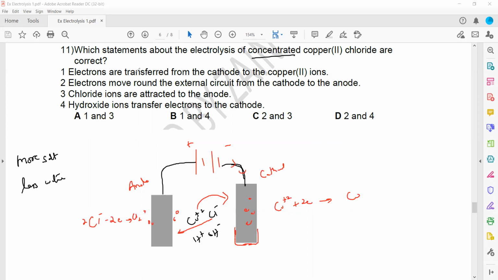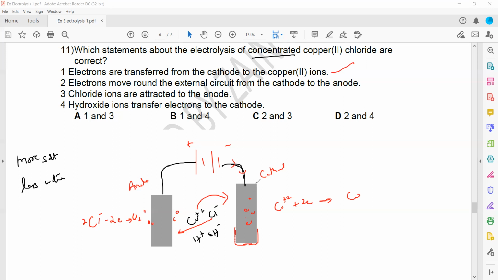So which statements are correct for question 11? Electrons transfer from cathode to copper ion. Yeah, that's true, because between cathode and copper ions the electrons are being transferred. Electrons move round the external circuit from cathode to anode.